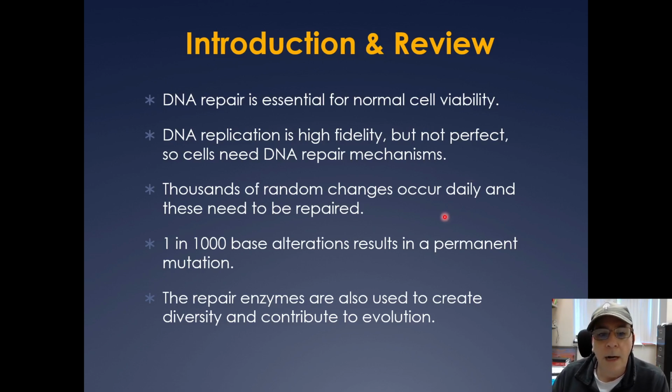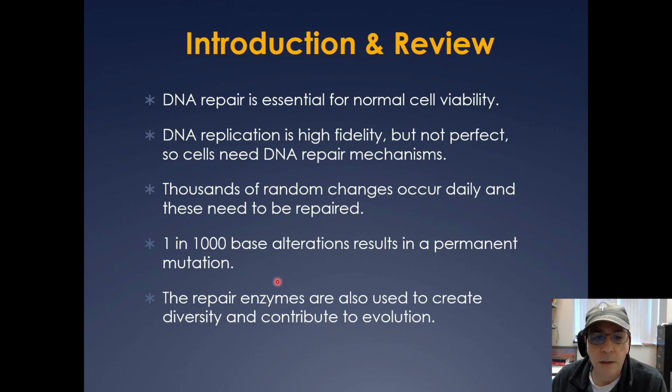And so on top of that, you also have random changes to DNA that occur daily, and these need to be repaired, right? If you go to the beach, you're going to get UV damage to your DNA. And also there's a lot of things that we consume that actually can cause damage to our DNA. Carcinogens and genotoxic stress, all of those fall into that.